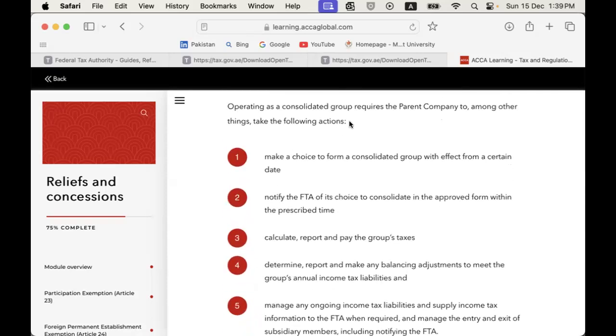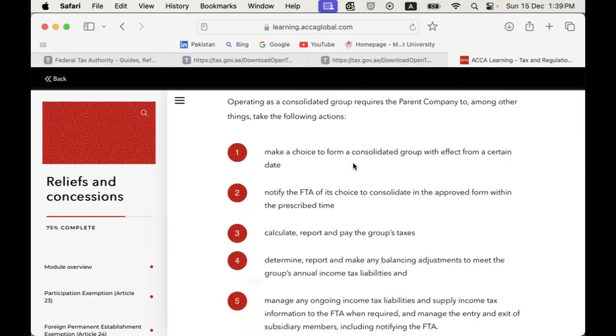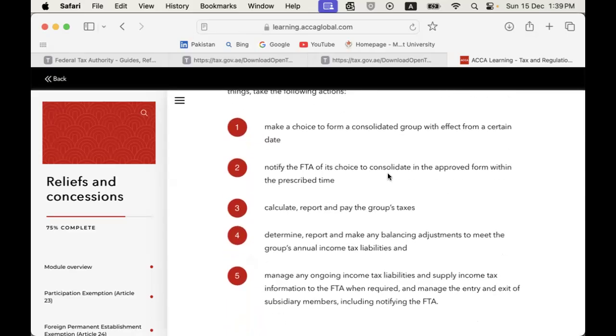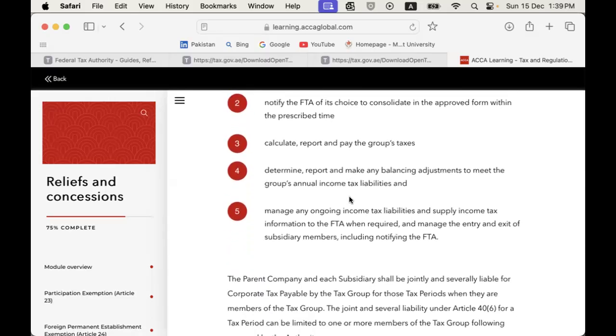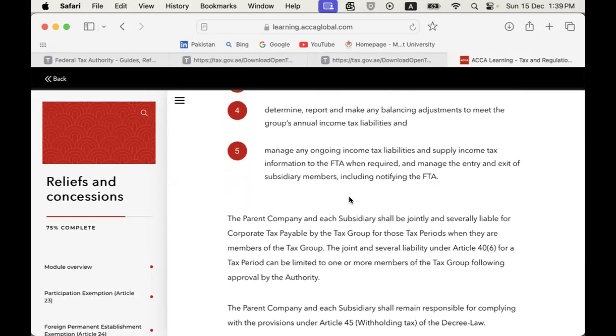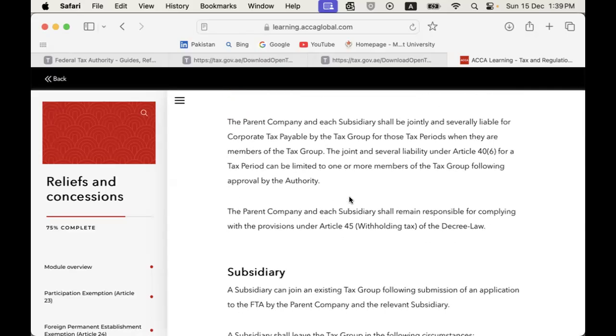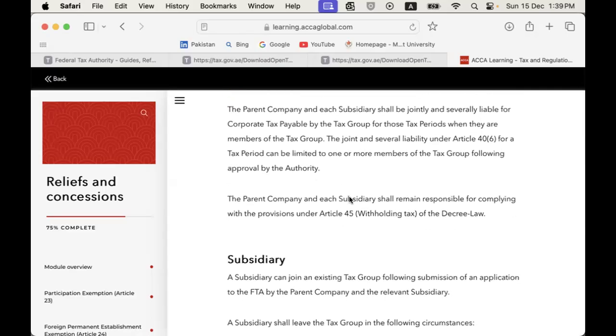Operating as a consolidated group requires the parent company to, among other things, take the following actions. Make a choice to form a consolidated group with effect from a certain date. Notify FTA, calculate, report and pay the taxes, file returns, etc. All the actions will be the responsibility of the parent company.